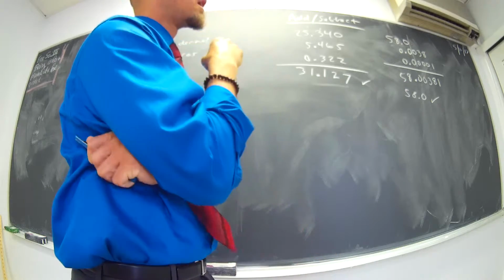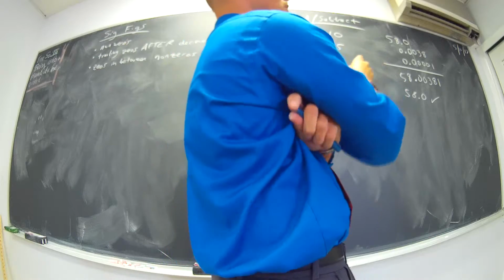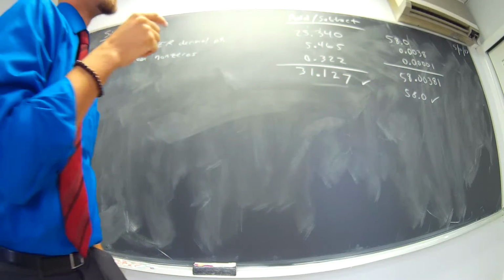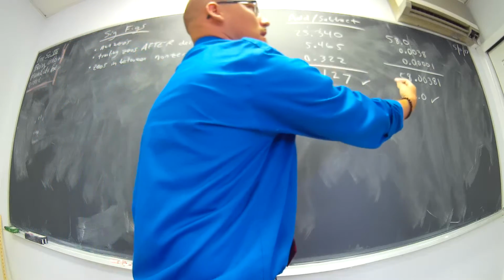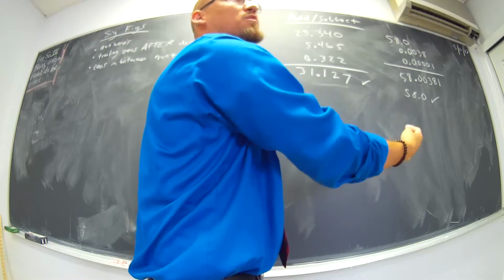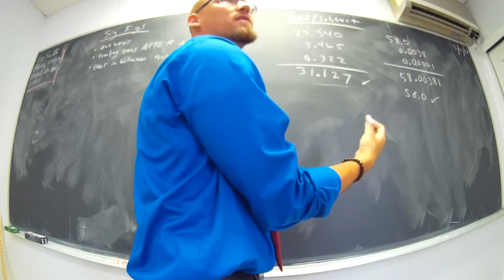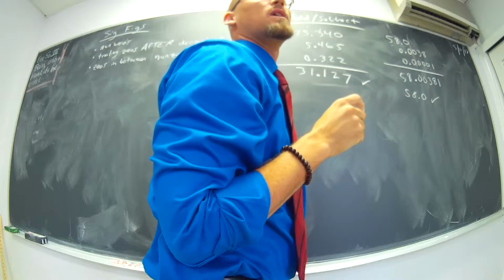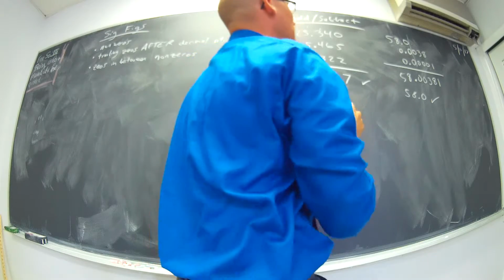So the rule for adding and subtracting is that you can only go to the decimal place of the term with the least accuracy. Did that make sense?